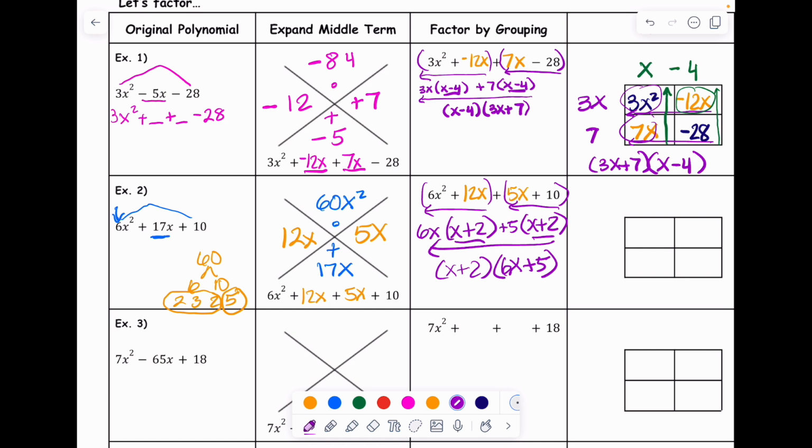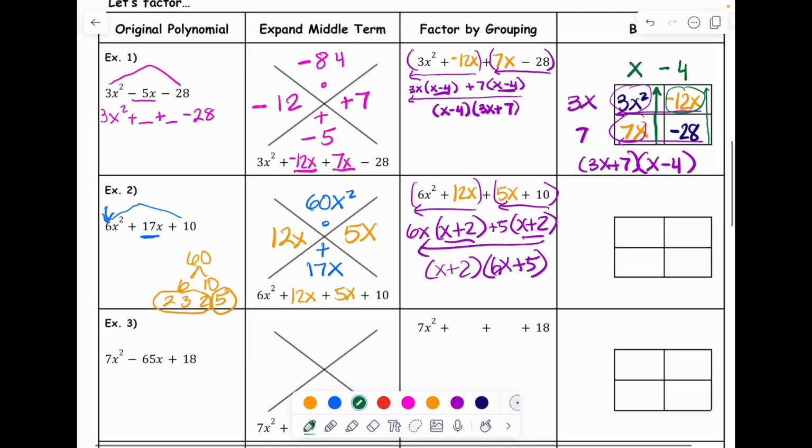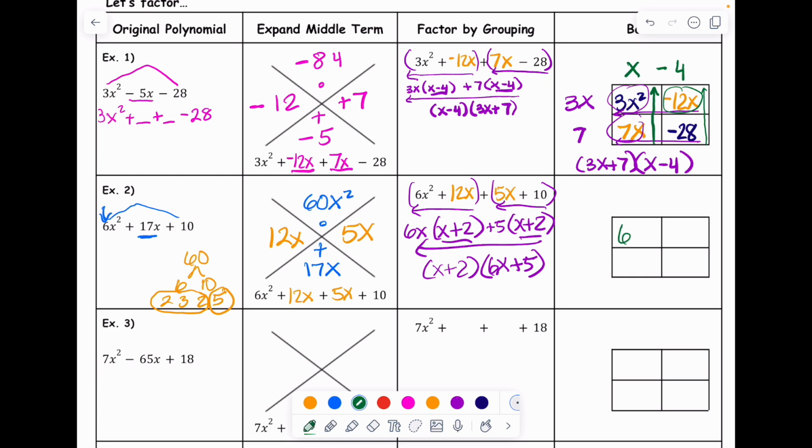Now again, remember, we don't have to do it using factor by grouping. We could take our first term and our last term and put it in, and then we take our magic numbers, our 12x and our 5x, and put it here. And then we can do the rows.